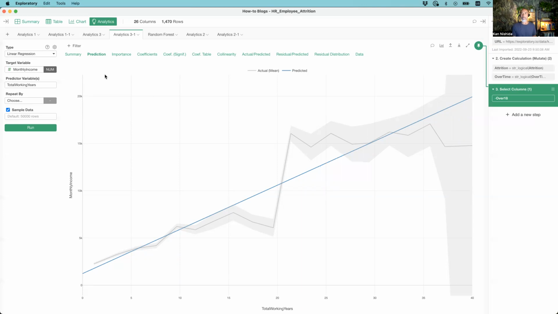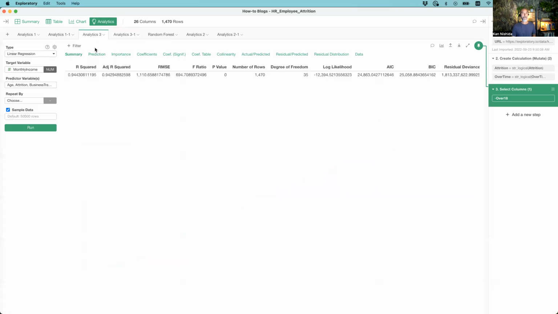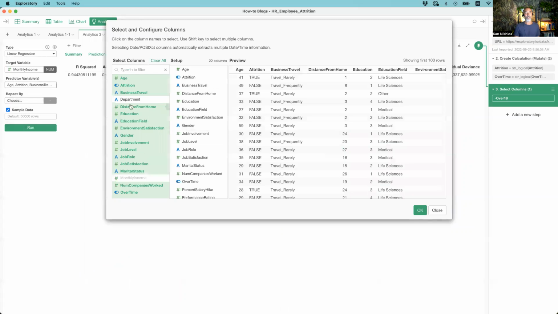But then somebody asked, hey, maybe that might have something to do with the job role, that might have something to do with the job level and so on. So that's what we have done. This one, going back to the analysis with a bunch of predictor variables selected.